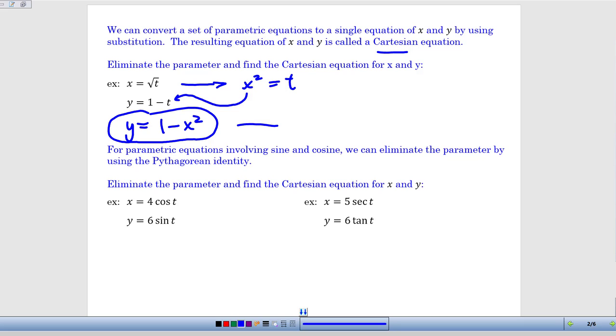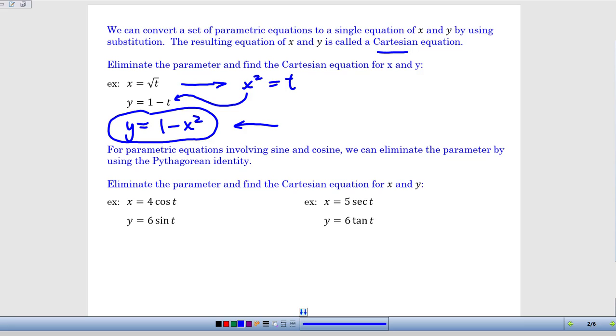Now, if I only ever had that equation there, then I wouldn't have that extra layer of information about it, of having a t value associated with each point. But I at least now can have a pretty good idea as to what the graph will look like, even if I don't have that extra piece of context and information.